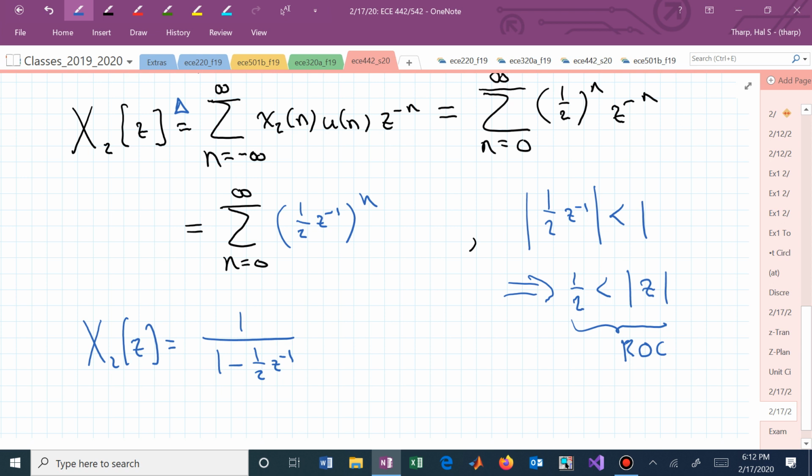We could rewrite this as positive powers of z by multiplying by 1, which is z over z, and we now have z over z minus 1/2, and this is true for a region of convergence that's outside of 1/2.